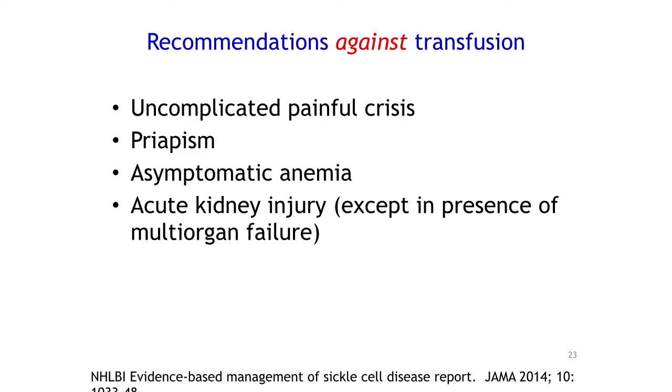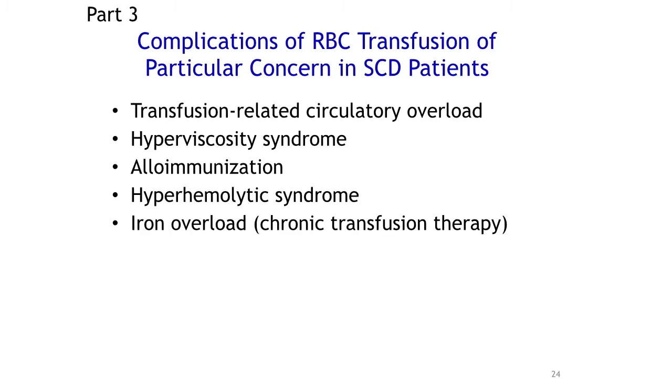So this brings us to what has partly, actually largely, been discussed by Professor Hume: the complications of RBC transfusion in our patients. And I'll just rush through them. We may have circulatory overload, where we don't critically follow the volumes, and this can happen in our environment. We may have hyperviscosity syndrome, which is more associated with a simple transfusion as opposed to exchange transfusion.